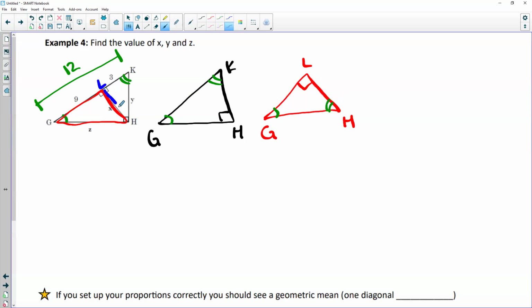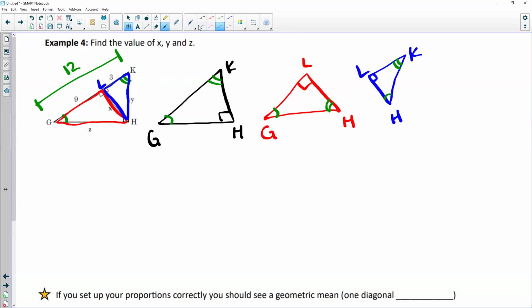And then lastly, we're going to look at this blue triangle here. This would be HLK, where this is a right angle, and then we have our double ring at K. The double ring at K would mean that angle H would have to have the single ring.